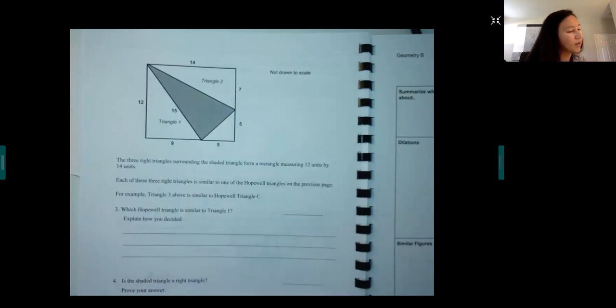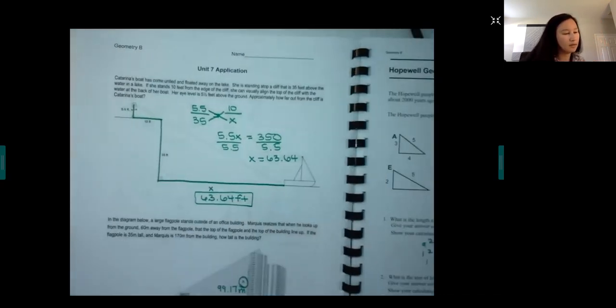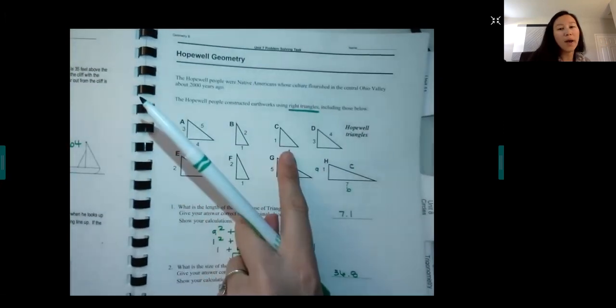Each of these 3 right triangles is similar to one of the Hopewell triangles on the previous page. For example, triangle 3 above, so triangle 1, triangle 2, I'm not sure which one they're saying is triangle 3, is similar to Hopewell triangle C. Okay, 1 and 1, which means this is triangle 3 then.